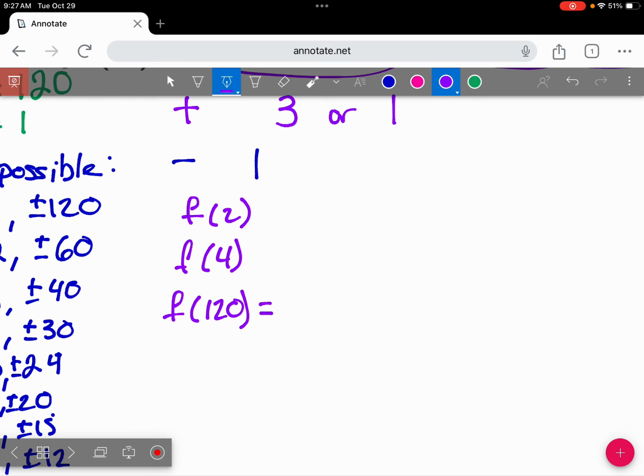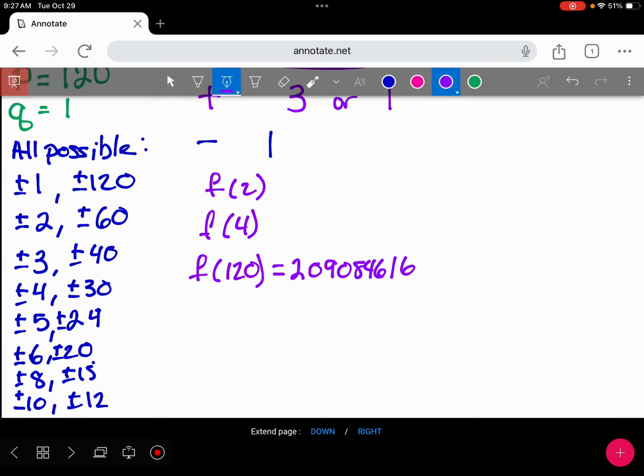So for our 120, we got a very large number. I'm pretty sure that positive 120 is not a root, because that one came out in the millions. So we're going to go with no on that one. I'm just going to cross out the plus sign on there. We didn't check the minus, but we did check the positive.